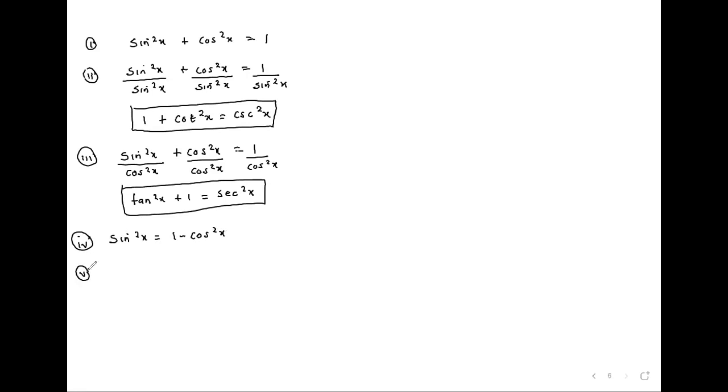If we take sine squared to the other side, we get cos squared x is equal to 1 minus sine squared x. So that is very, very critical. You can have so many identities from this relationship of cos and sine, so many that are very useful in mathematics.